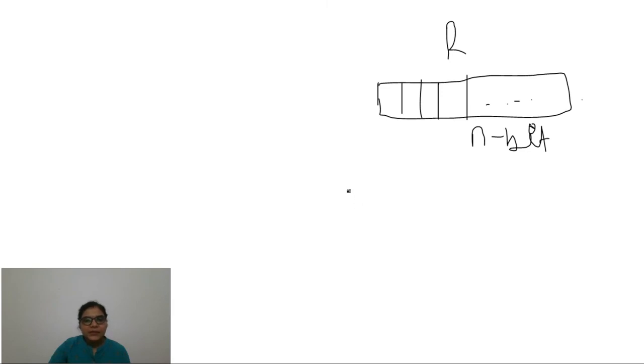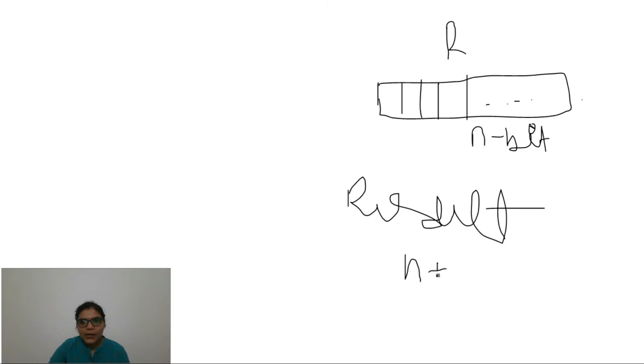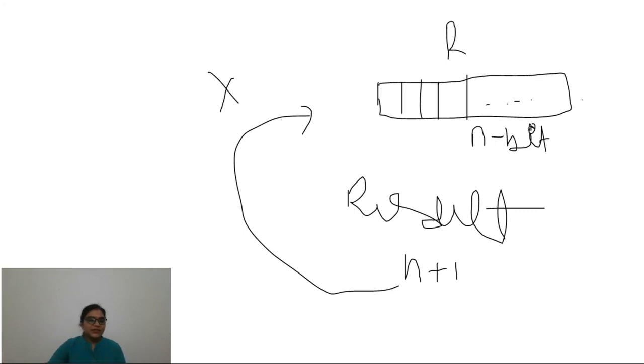But the result produced is of n plus 1 bits. Then the result of length n plus 1 bits cannot be stored in an n-bit register. The capacity of the register is to hold n bits only. If the result is produced of n plus 1 bits, then we can say that overflow occurred.